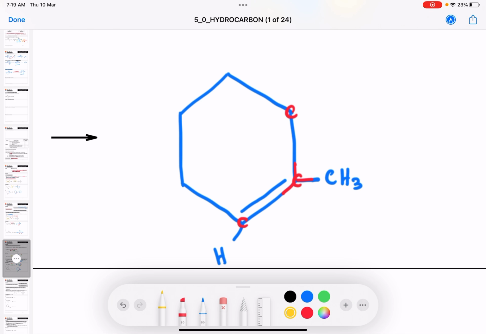Say I put this as carbon number 1. And for my carbon number 2, as you can see, we have this carbon attached to 2 carbons, but this one we have 1 hydrogen. So C2 has more hydrogen compared to C1. We are talking about directly attached, okay?